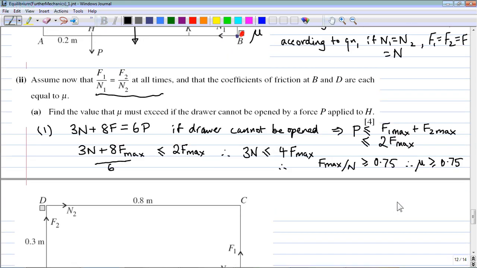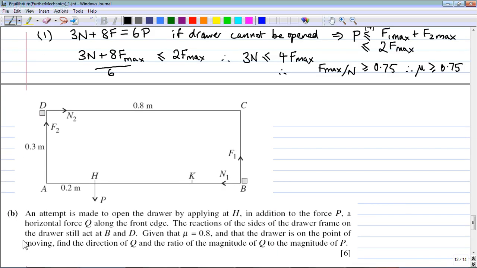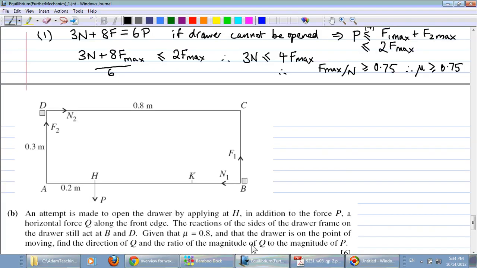Now we have one last part of the question, and it's important to note that if I go back to the original question, part B is still under the condition that f1 over n1 equals f2 over n2, and the coefficient of frictions are mu in both cases as before.